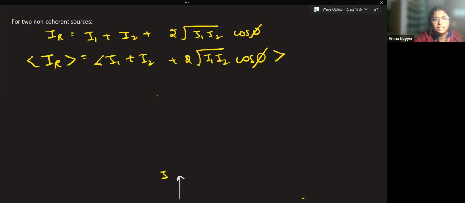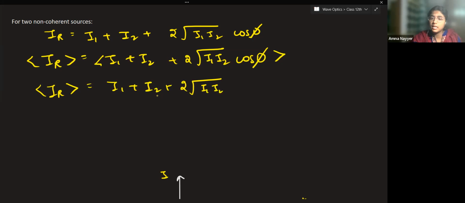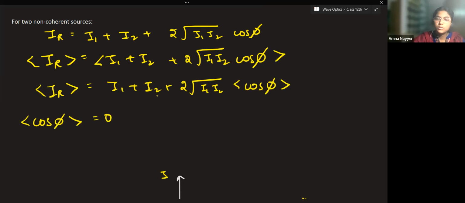You cannot calculate the average of I1 plus I2 plus 2 under root I1 I2 as a whole, but the average of cos phi you can calculate. The average of cos phi is always 0. So this entire term will become 0.